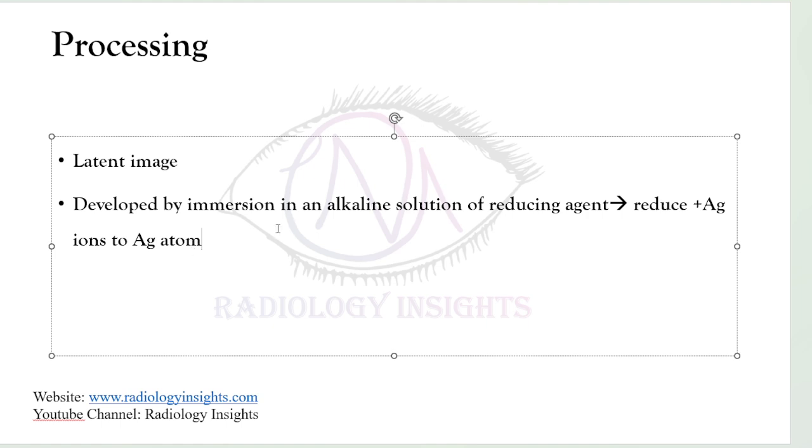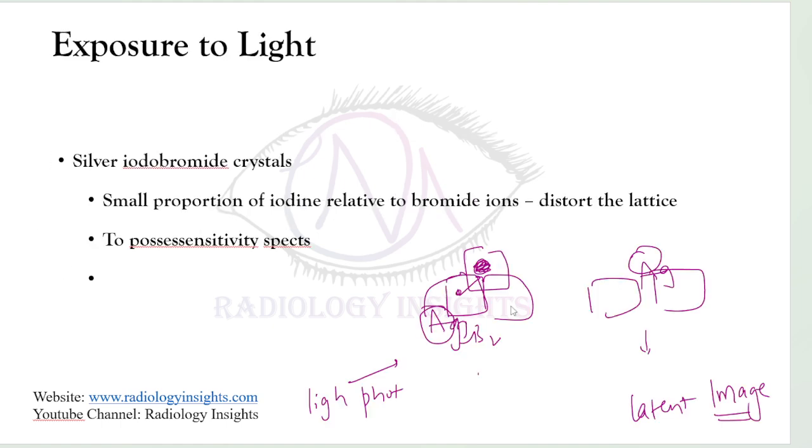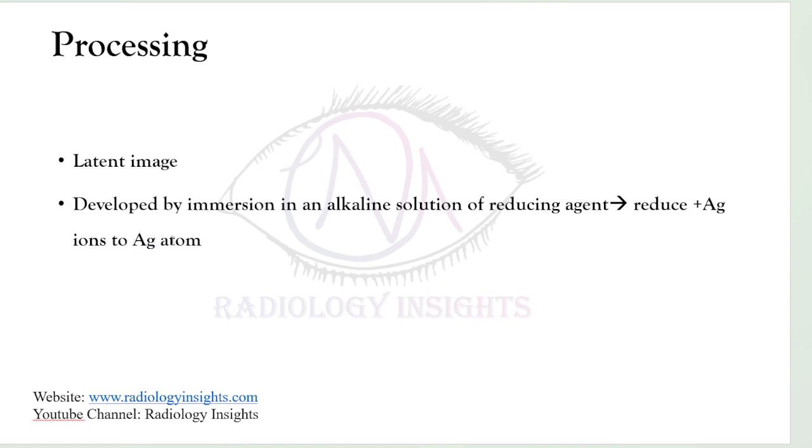Crystals which are exposed to light or X-ray photons will produce metallic silver, and those which are unexposed, the crystals not exposed to X-rays, carry no latent image and are not affected by the developer.